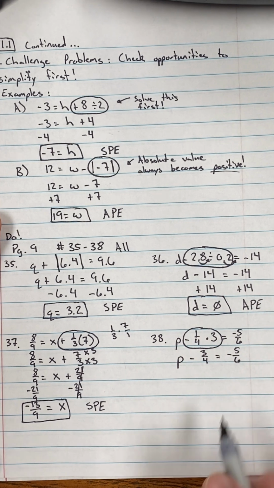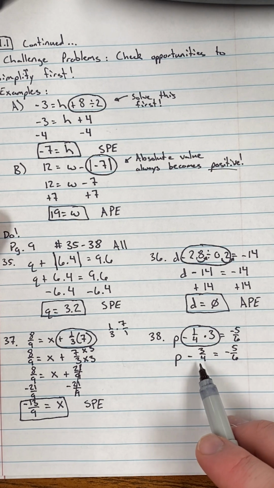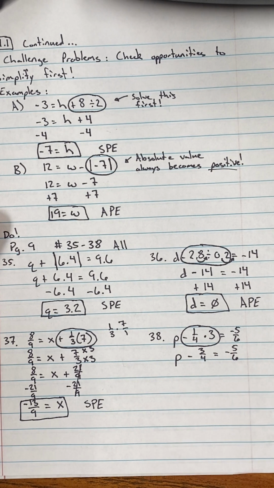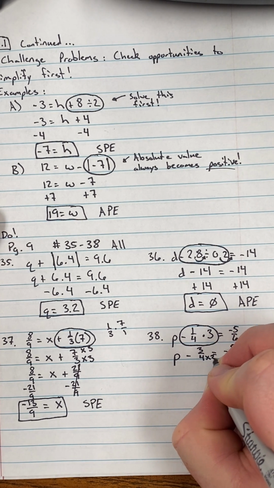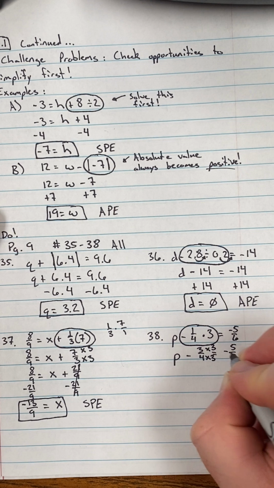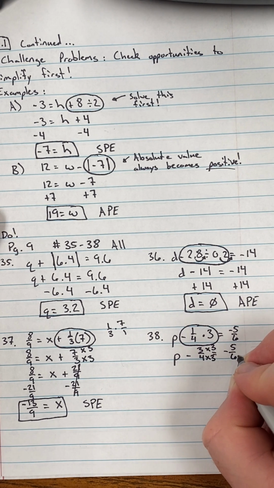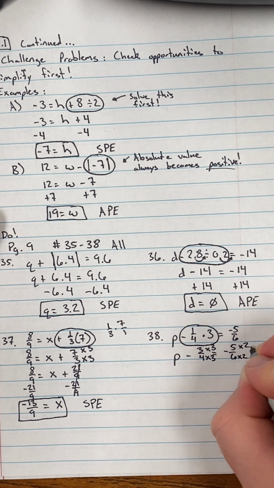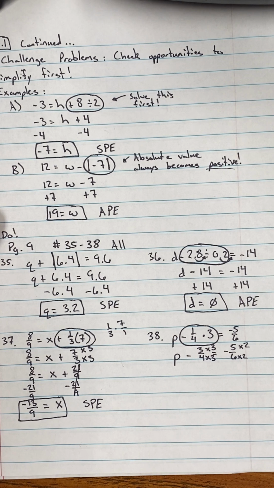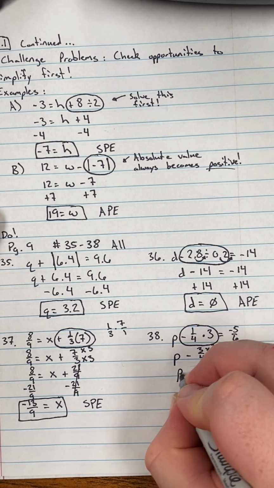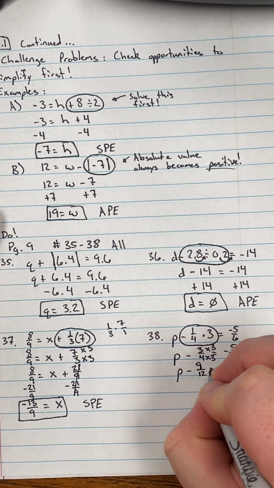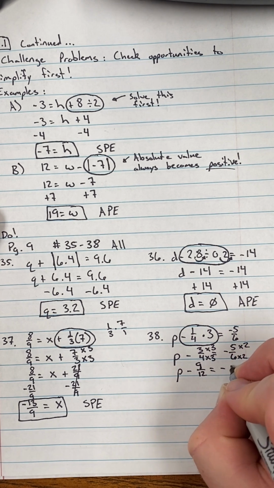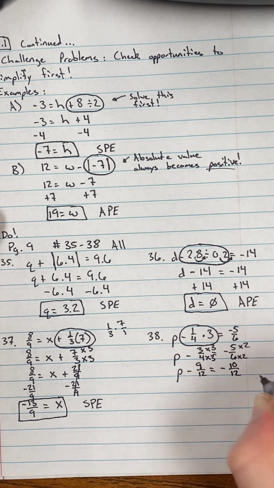Once again here, I need to have common denominators. The smallest number that these two numbers can both go into is actually 12. So to get 12, I need to multiply by 3 here. To get 12 here, I need to multiply by 2. Okay? Remember, you got to multiply the top as well. So P minus 9 over 12 is equal to negative 10 over 12.